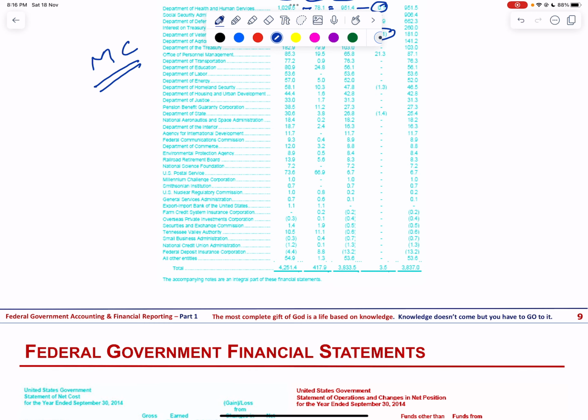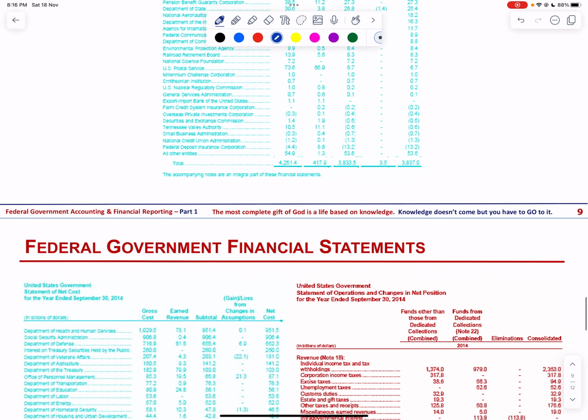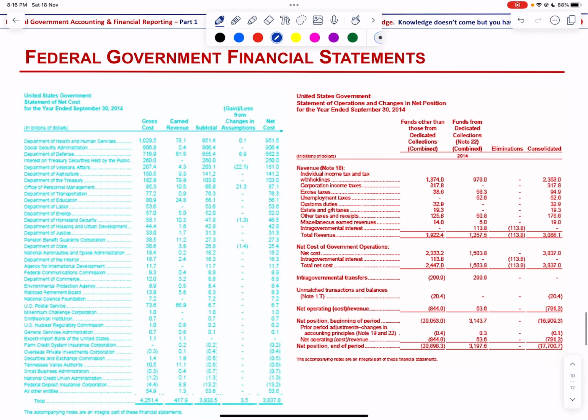Next we are going to talk about the statement of operations and changes in net position. Now, the statement of operation and changes in net position shows all the revenues and expenses.